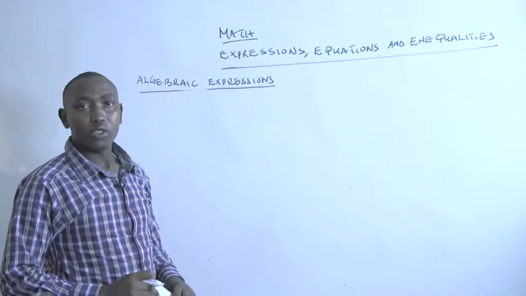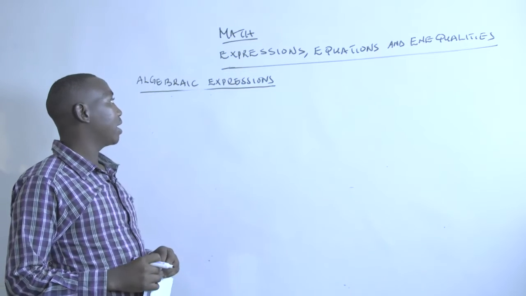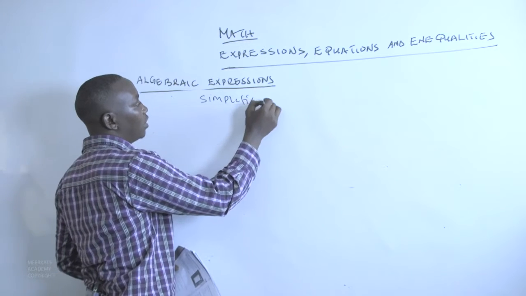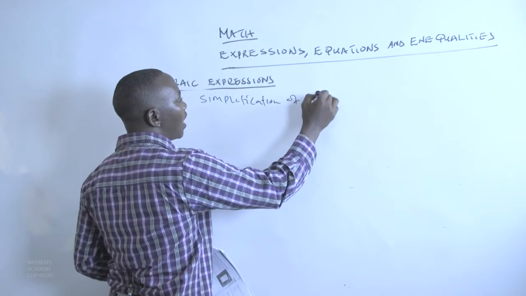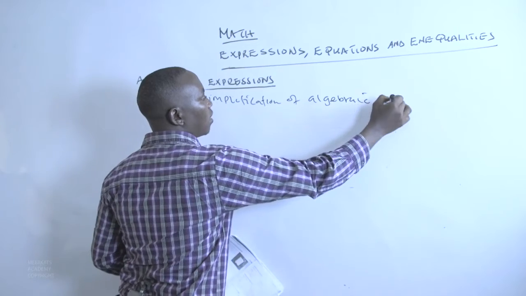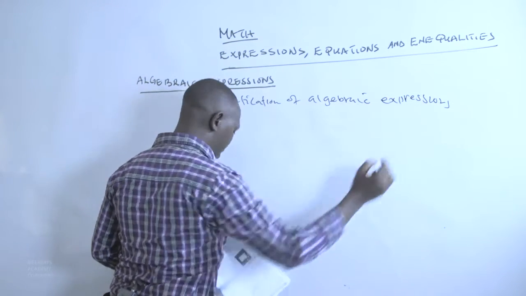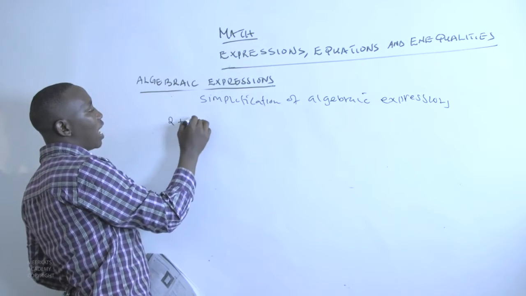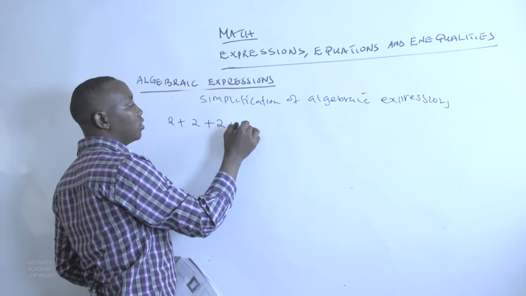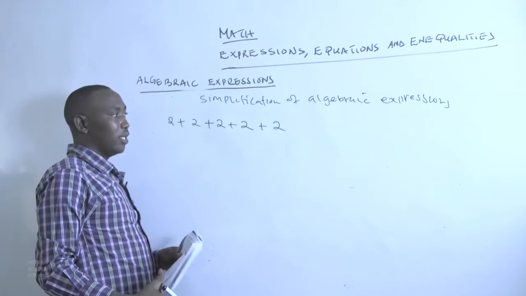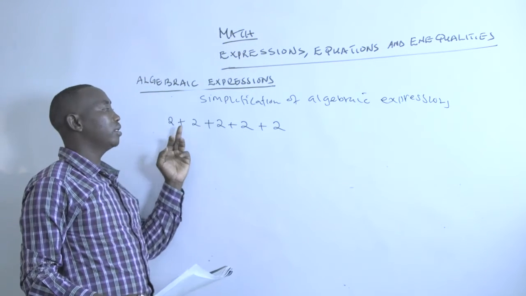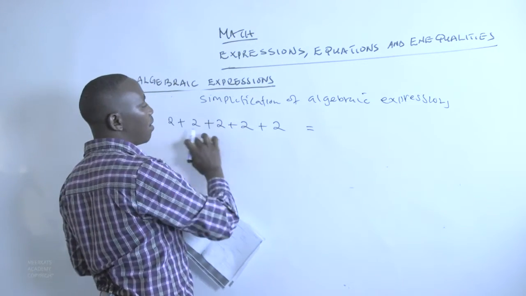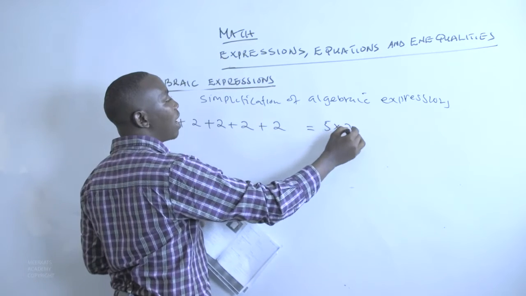We want to look at another part of algebraic expressions, and that is simplification of algebraic expressions. So usually when you have, let's say, 2 added to 2 added to 2 added to 2 added to 2, this means we are adding 2 how many times? 1, 2, 3, 4, 5. And you can simplify this by taking the number of times, which is 5, and multiplying by 2.